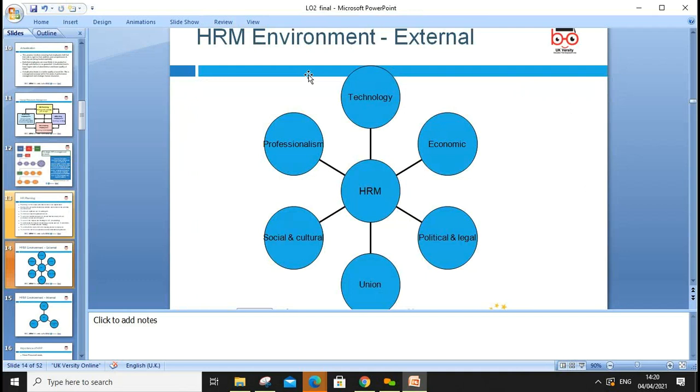Okay, so we need to focus on the external environment. If anything has changed: economics, technologies, like per capita income. Do we know what is meant by per capita income under economic factors? What do you think? What is meant by per capita income?